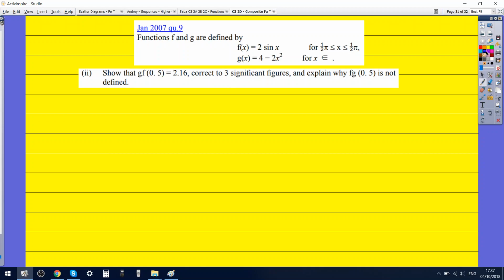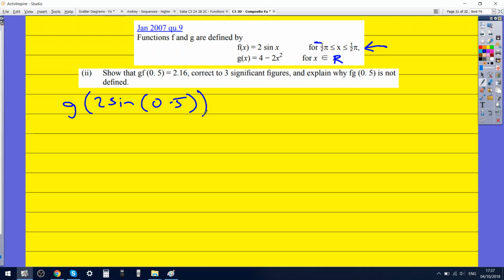Functions f and g defined by that. Show that gf(0.5) equals 2.16. Explain why fg(0.5) is not defined. Okay, so 2 sine 0.5 gives you. Do I need to be in radians? It's going to be radians, isn't it? If you look at their domain, they have pi, so that's going to be radians.